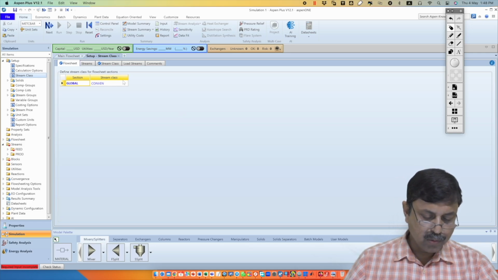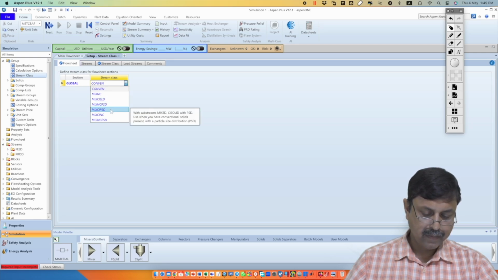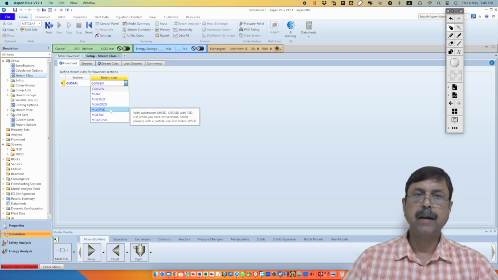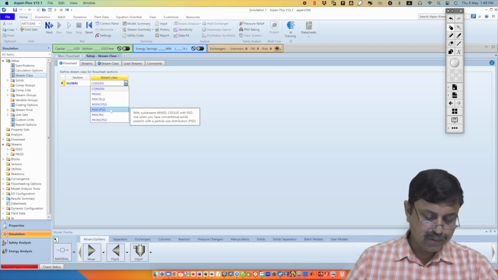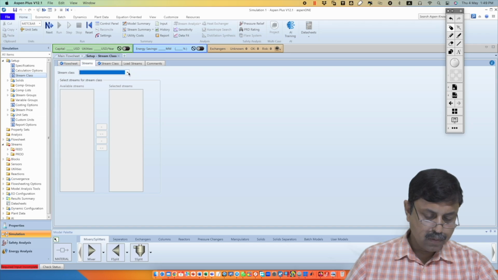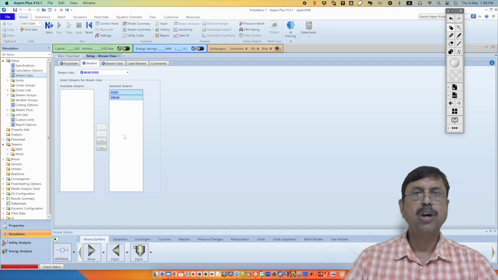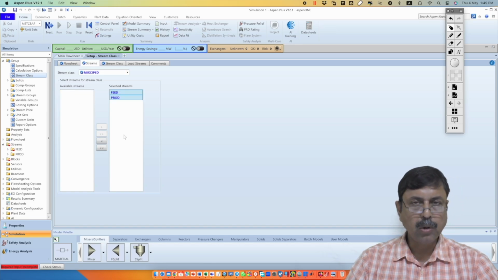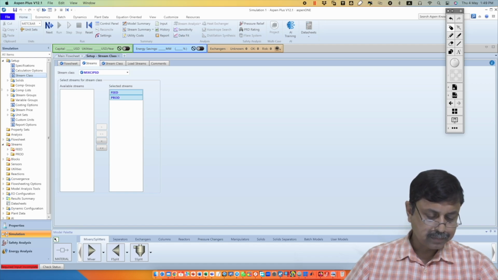So we will choose the stream class which is a conventional solid with particle size distribution. For that, both the streams will be of this nature. So globally, it is done.